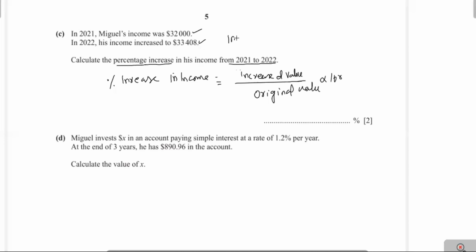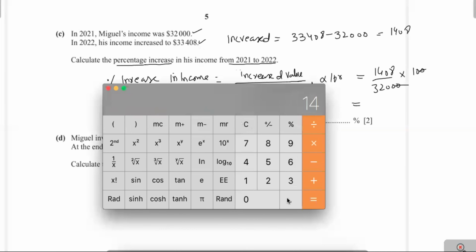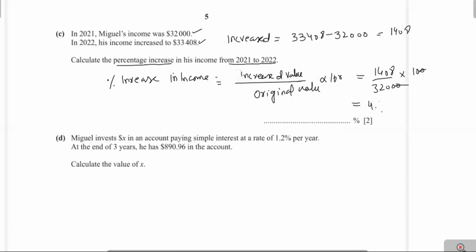You see here the increased value is 33,408 minus 32,000, equal to 1,408. We write 1,408 divided by 32,000 multiplied by 100. We get 1408 divided by 320, and we get 4.4%, and this is the answer.